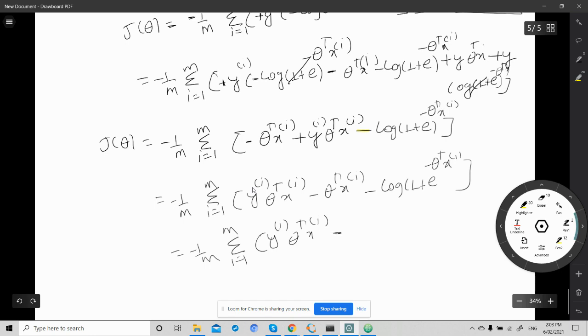If we take it again in logarithmic form, then it will be log of e to the power theta transpose of xi minus log of 1 plus e to the power theta transpose xi. We know that log of e to the power a is a log e. So this concept is being applied here.